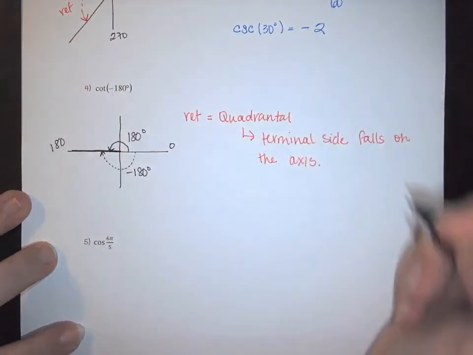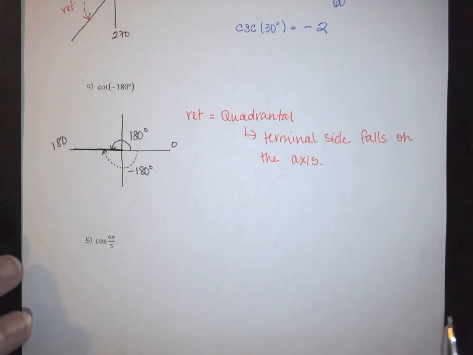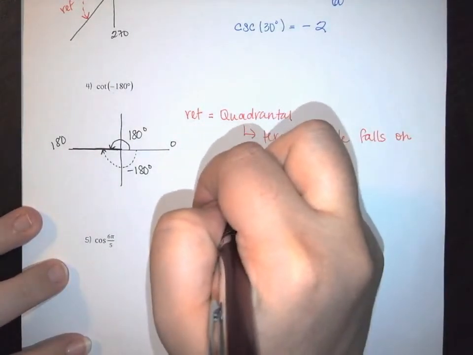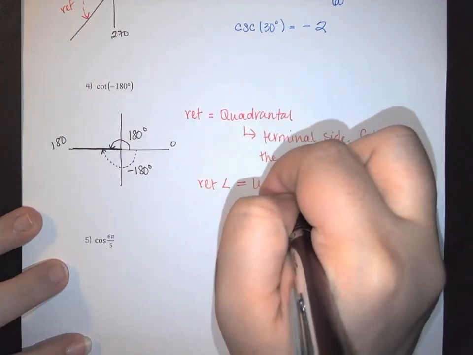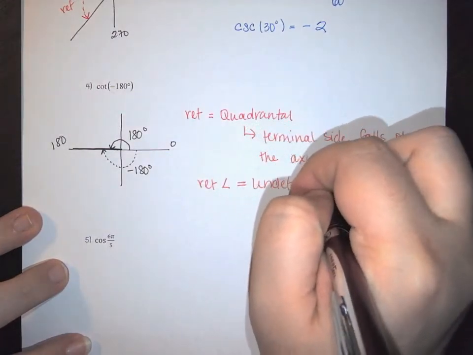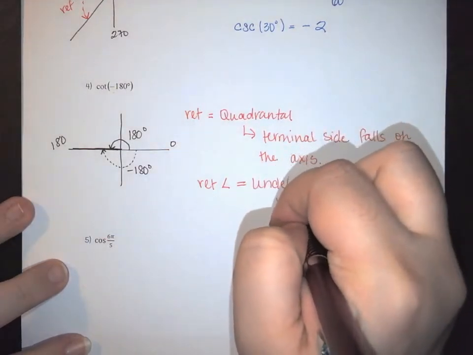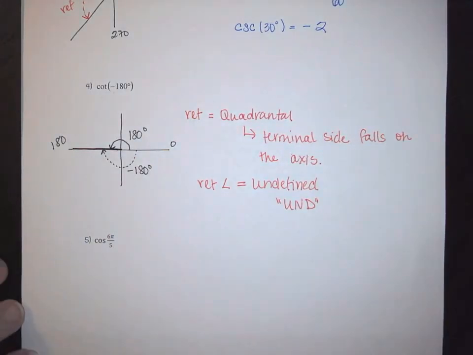And because it does that, we can't draw a triangle. What that also means then is that my reference angle is equal to undefined, which we also can deem as UND if you want to shortcut it.